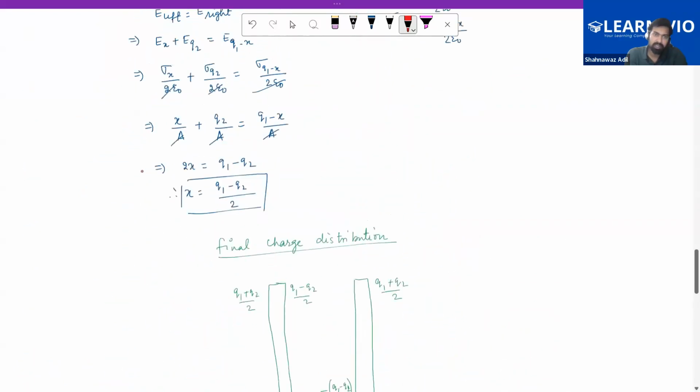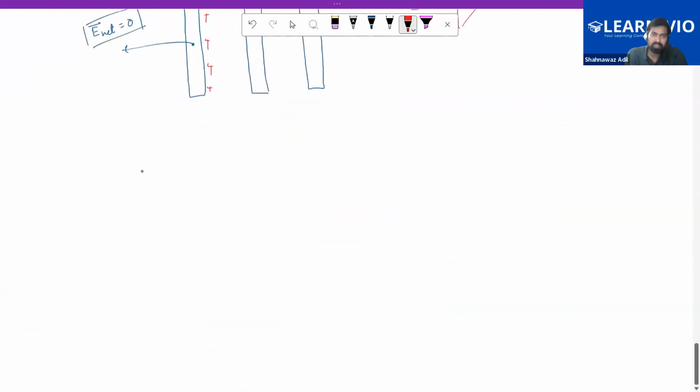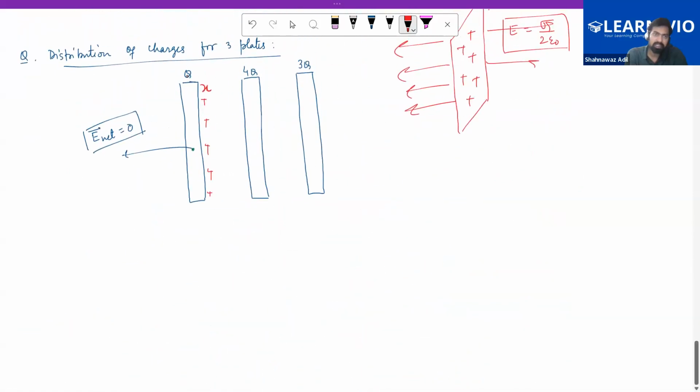So tell me, what would be the charge in this side? Total charge is Q. You take X charge in this side. So what is remaining in this side? Simple algebra. Q minus X. That would be the charge in this side, right?